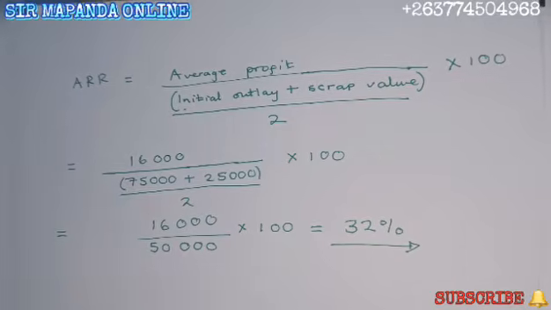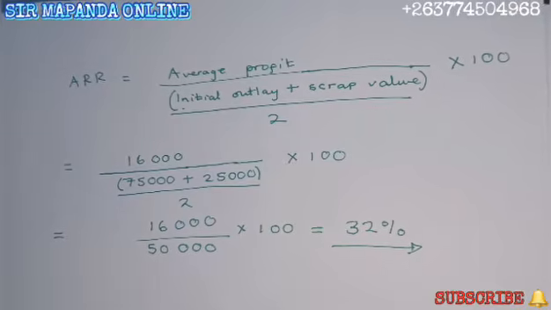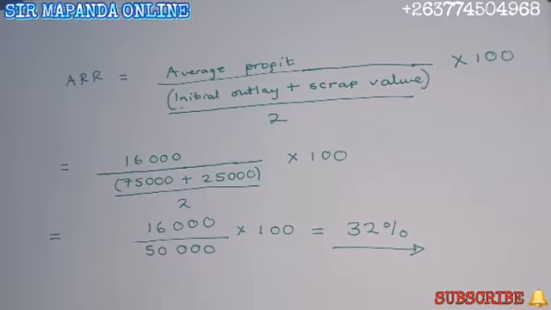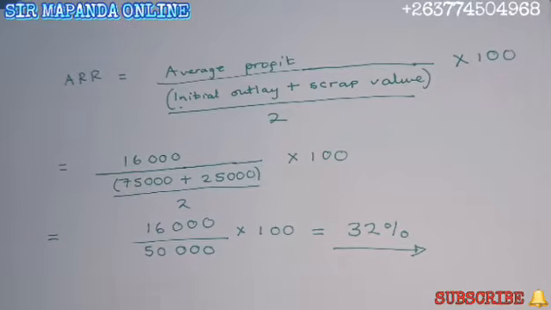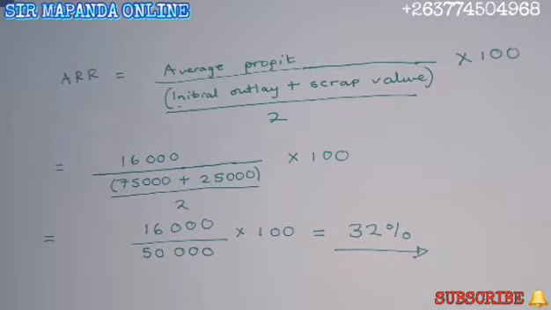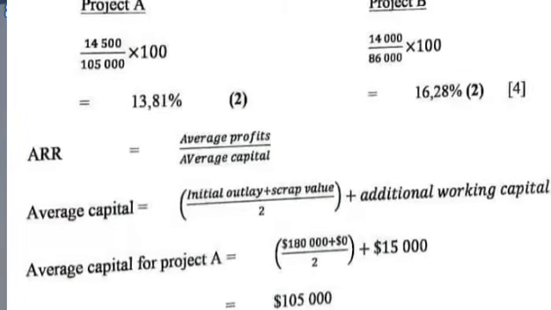So the average capital is calculated by adding the initial outlay with scrap value, then you divide by 2. You can make reference of June 2019 Zimsec marking guide. It came the question of investment appraisal, and the average capital was calculated using the formula initial outlay plus the scrap value divided by 2.